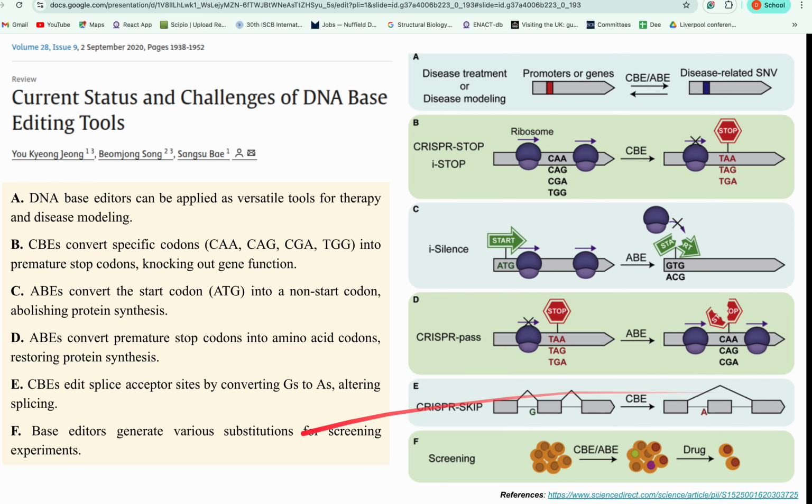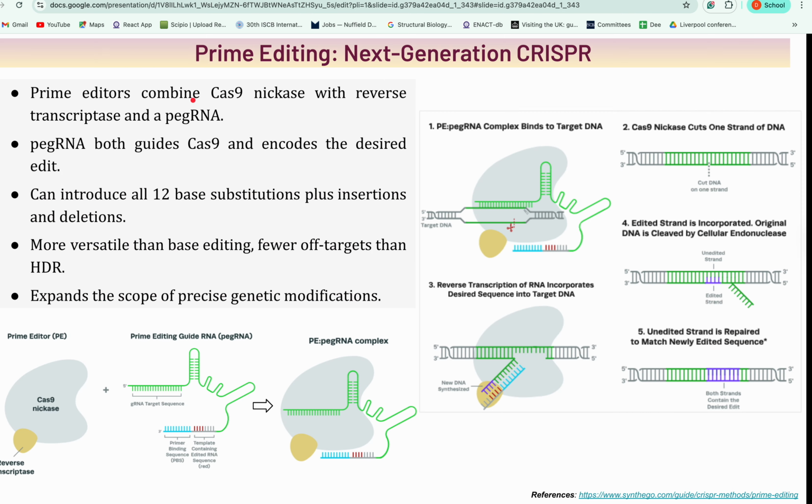So this is how base editors can be used to skip these sites, and these base editors are attached to the CRISPR systems with the help of the CRISPR-Cas9 system. It is now bringing out this effect. So these are some of the applications and challenges of DNA-based editing. If you want to read it in detail, you can go through this review.